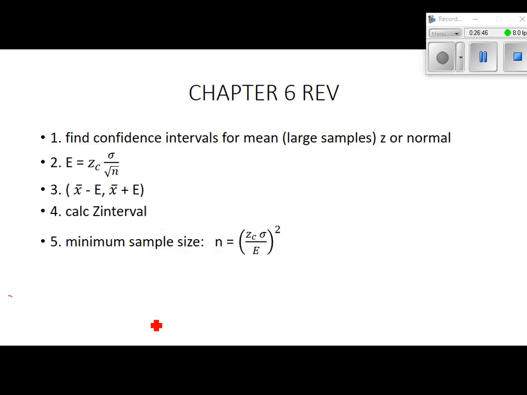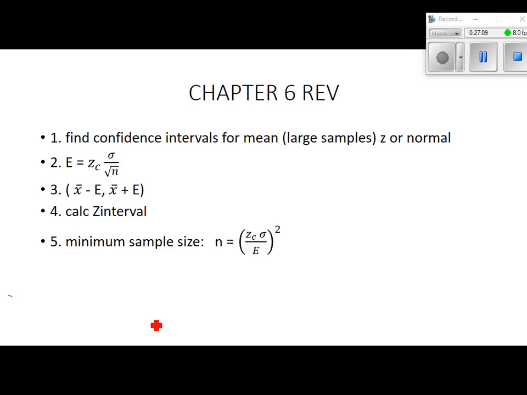So let's look back here in the book and see this formula. How do we find B, or some of you could help me if you know how to do it without me looking it up. How do you find the critical value for Z? What'd you say?